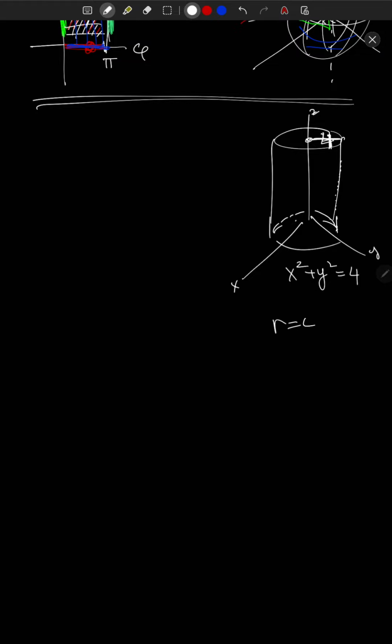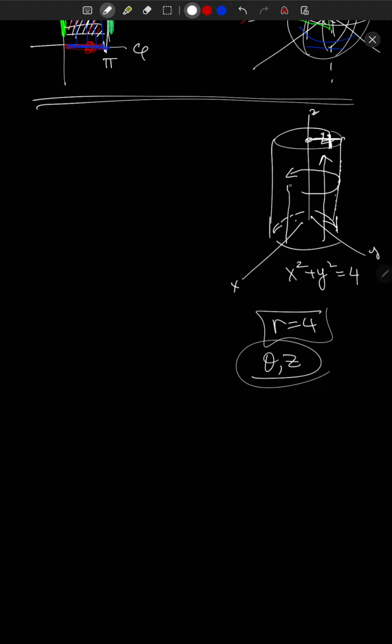So r is equal to 4. And so that leaves theta and z. So that means theta and z describe points on a cylinder, right? And in fact, of course they do. Theta describes where you are rotationally, and z describes how high your position is, okay?